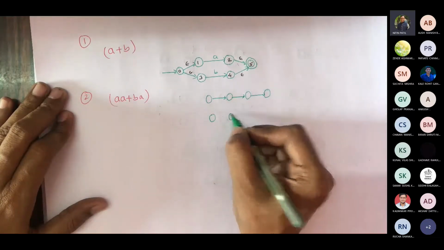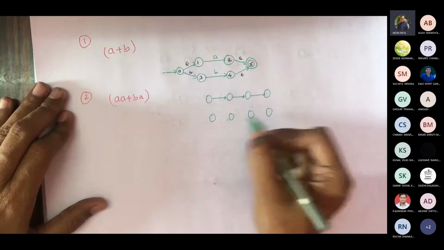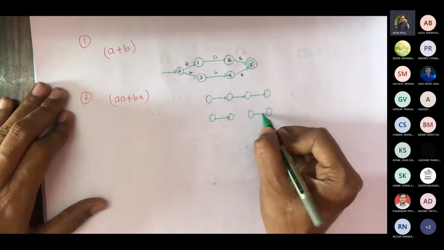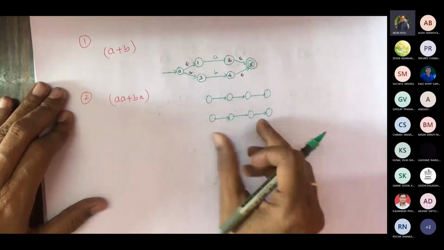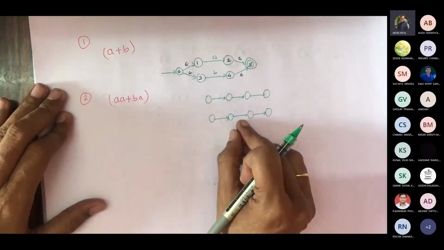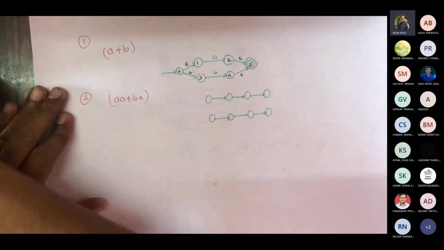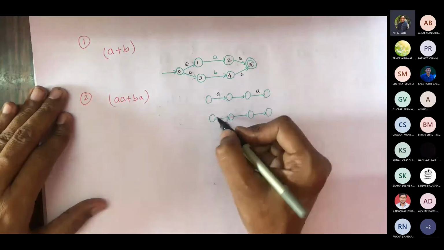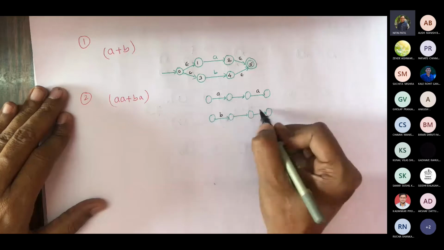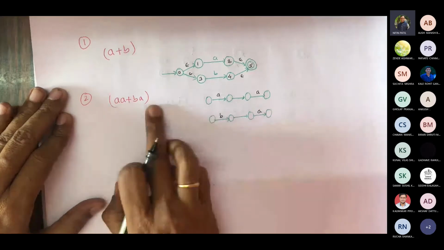This is B, this is B. Both of them are combined with epsilon. So this is A, this is BA, A plus BA.